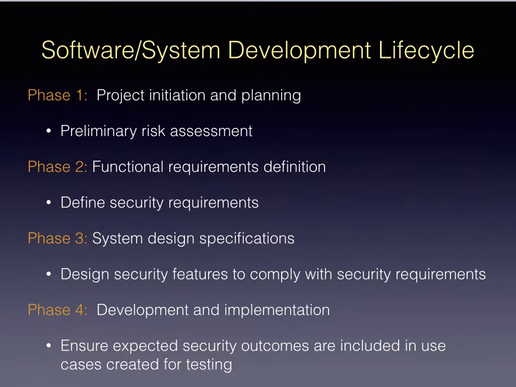Phase 4, development and implementation. Here we ensure expected security outcomes are included in the use cases for testing. So when we create a test environment, when we create a test plan, we create use cases that say, okay, the AP clerk is going to perform this function, and to do that, they have to go through these steps.